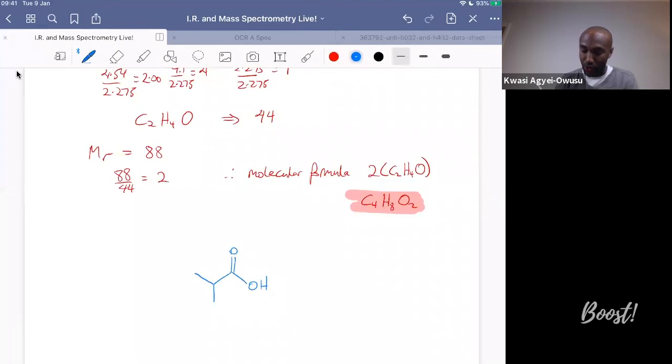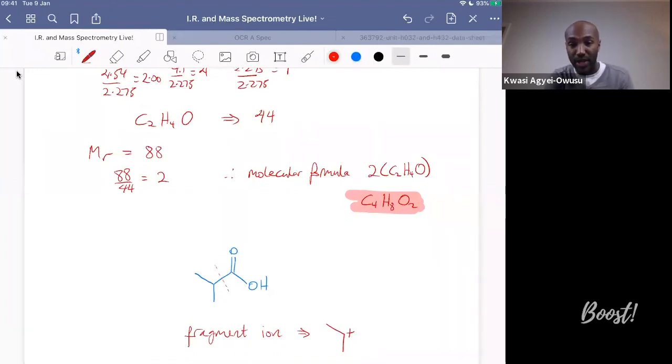If we were to break that bond there, you would be left with a fragment ion, that ion there, and that would be a secondary carbocation.